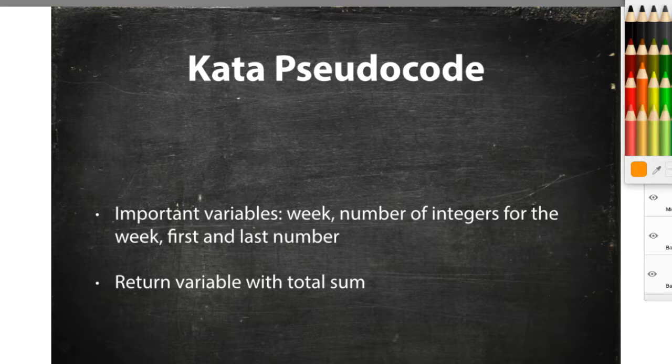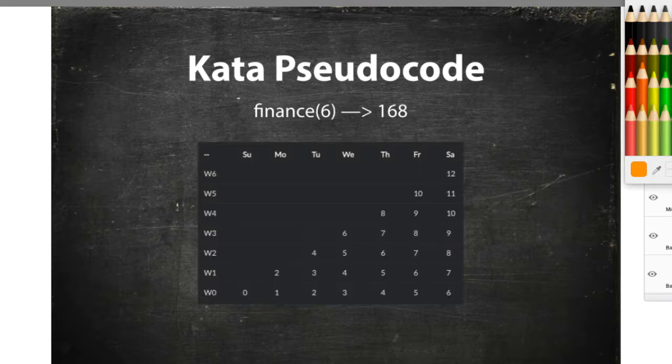So if we go back on the first week, we have 1, 2, 3, 4, 5, 6 integers. So that's actually our parameter, right?